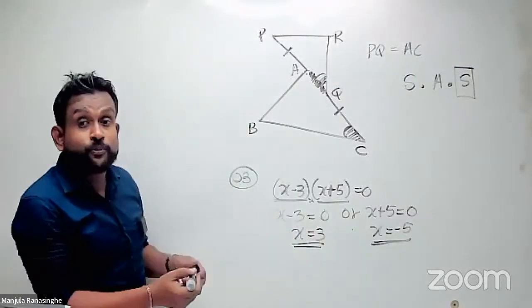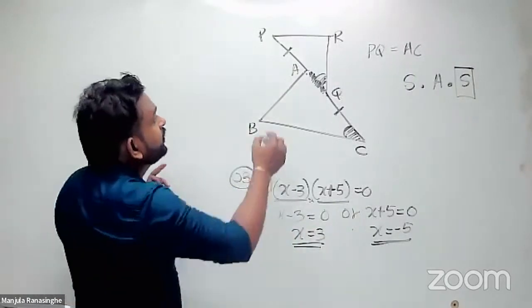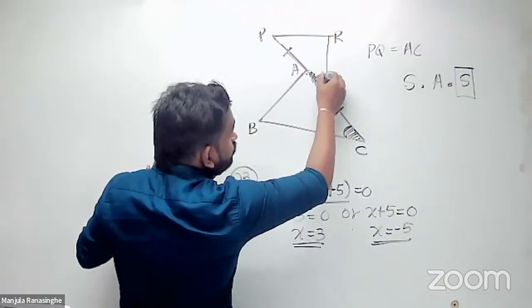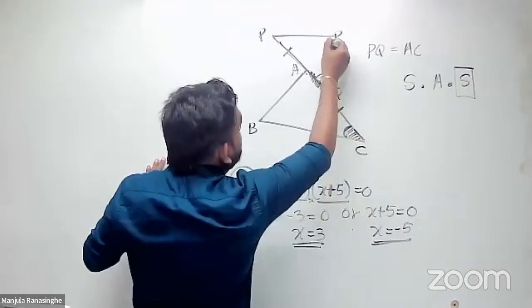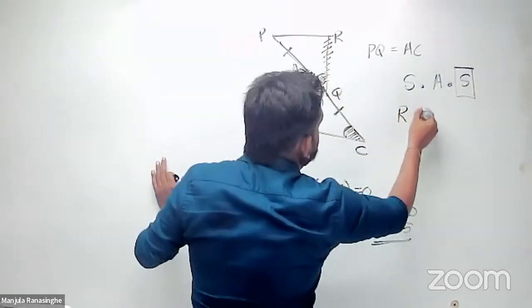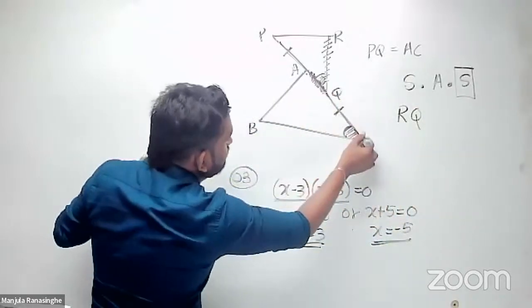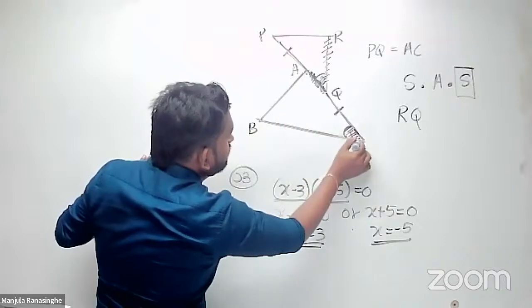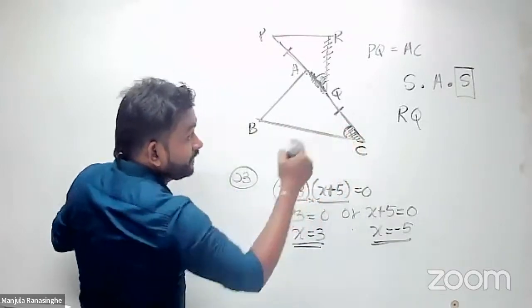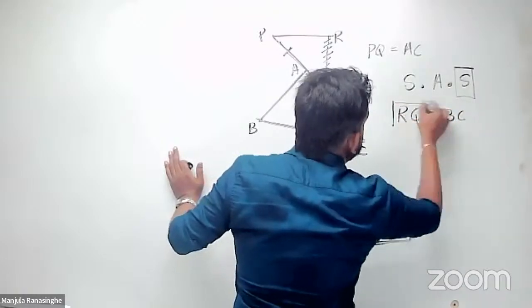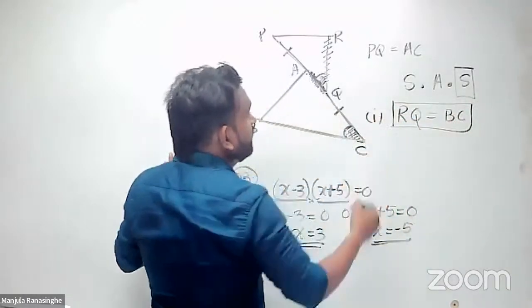So how do you make the intermediate angle? Here a side is there and an angle is there. To make it intermediate, you have to select this side. If you take RQ here, to make this angle intermediate, you need to take side BC. Then only that angle becomes intermediate. So RQ equals BC. This is one condition for the part 1 answer.